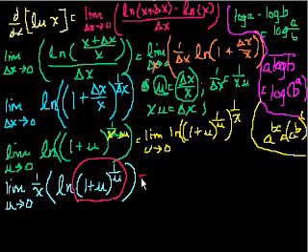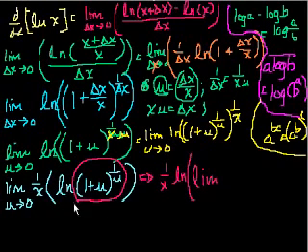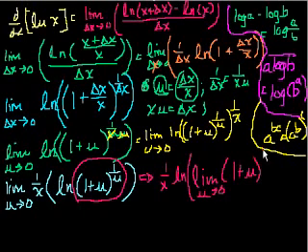So this thing is equivalent to 1 over x times the natural log of the limit as u approaches 0 of 1 plus u to the 1 over u. And by now, hopefully, you would recognize that this is the definition. This limit comes to e.